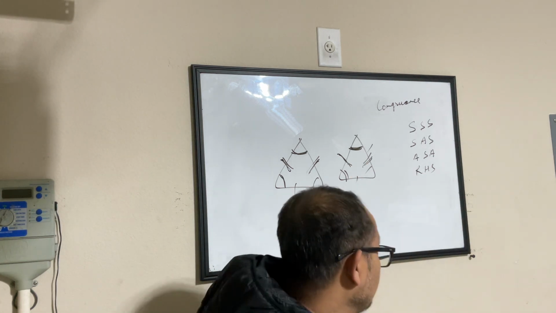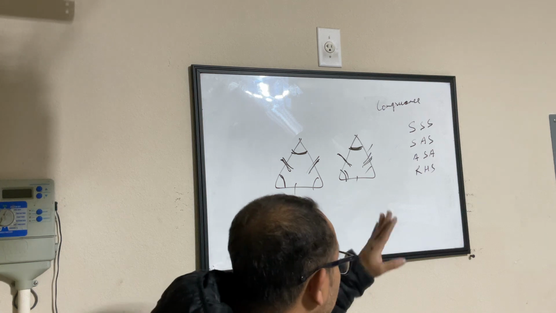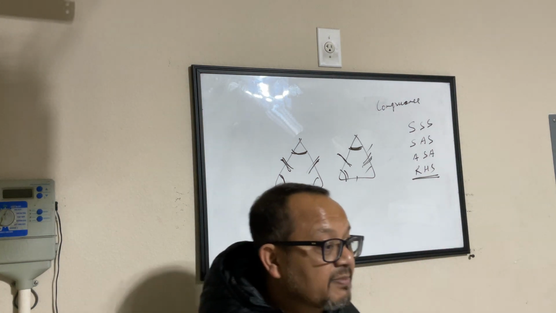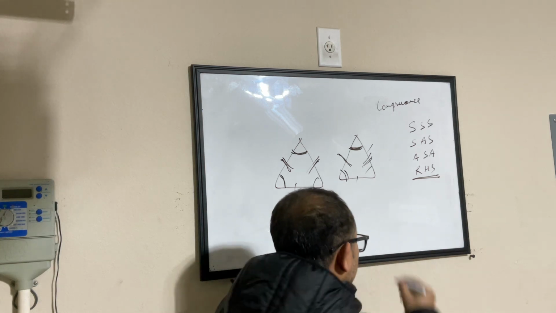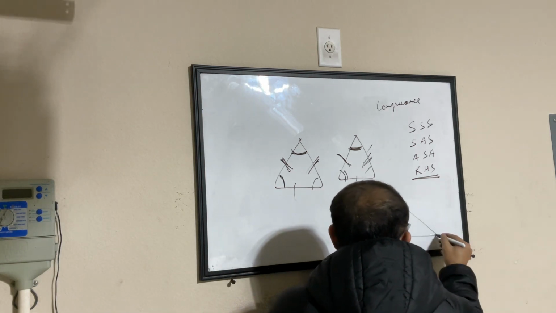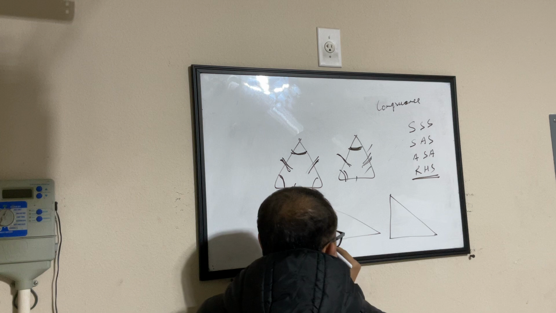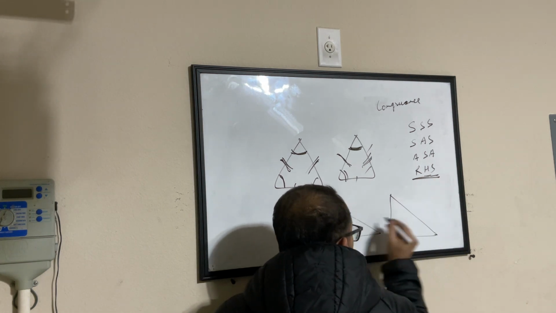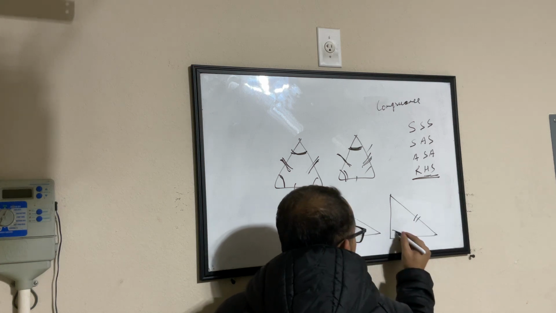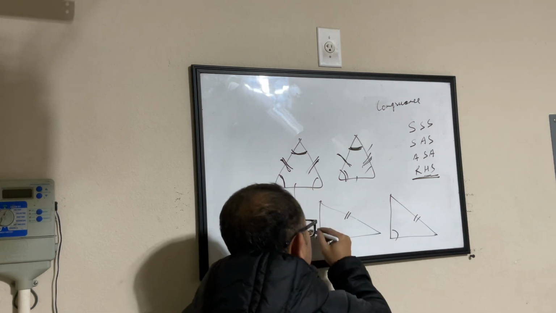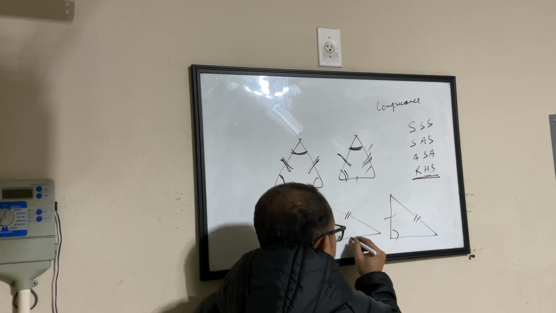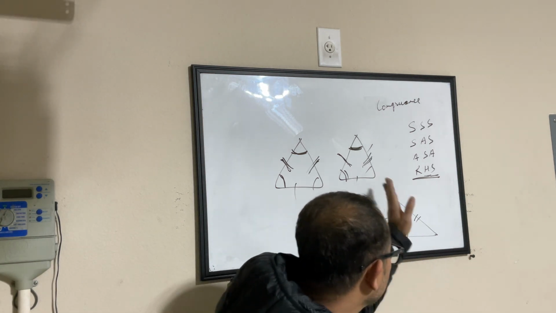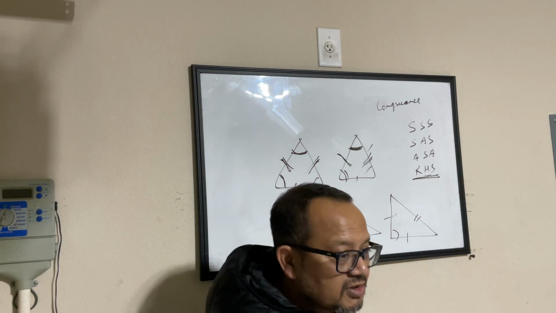And I'm just doing a recap, okay? So don't get tired. I'll be real quick. Now RHS is a theorem that applies for right angle triangles. If you have 2 right angle triangles, and the hypotenuse of this one and this one matches, and one of the sides matches, you are good.